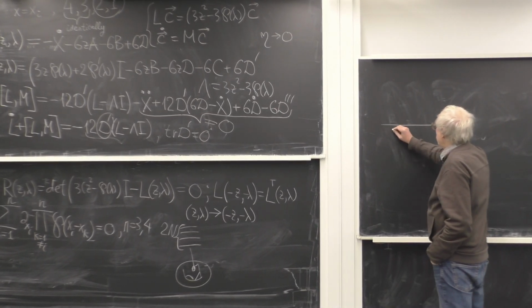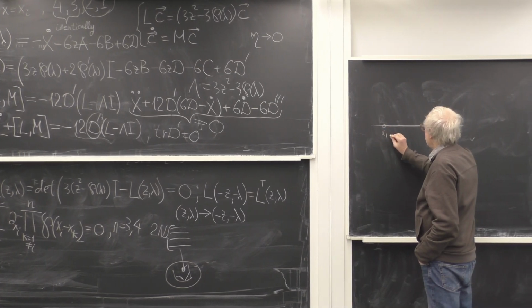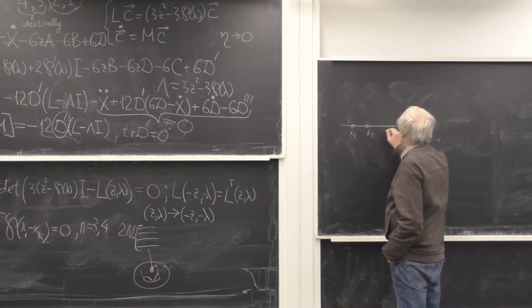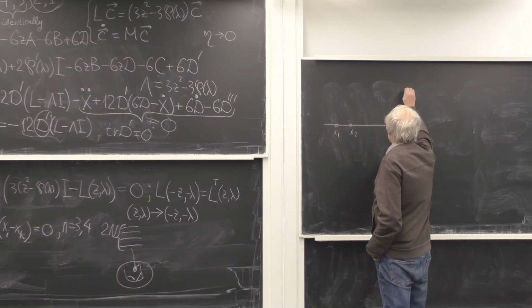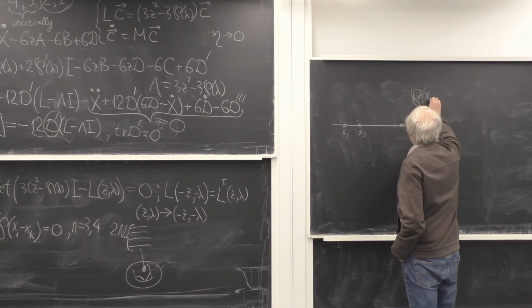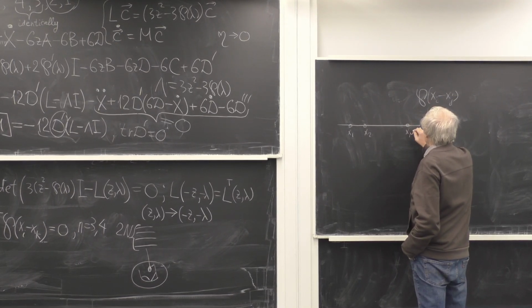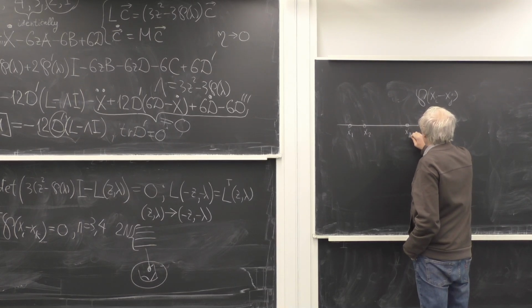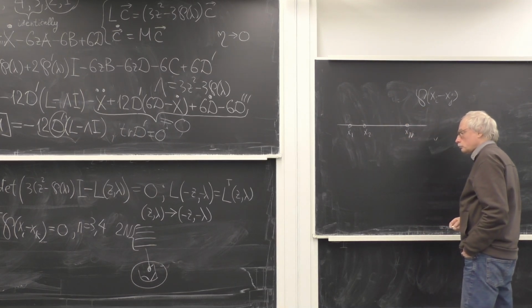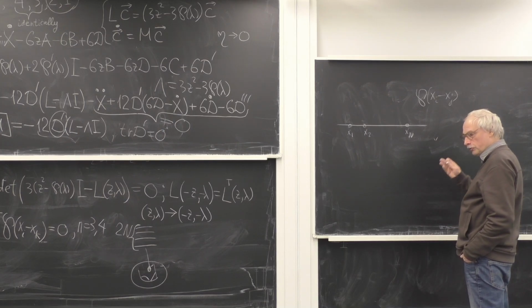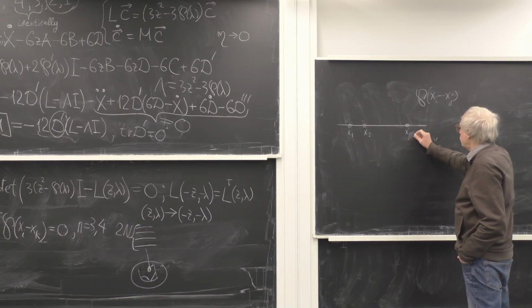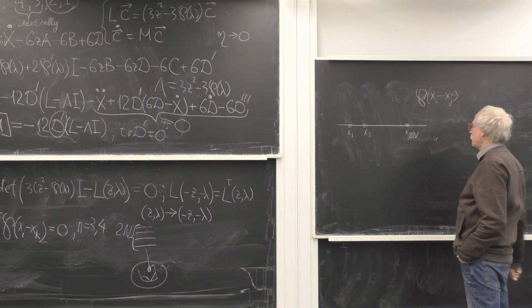Consider, so we have particles on the line with pairwise potential given by the psi function, and consider a system with an even number of particles. So there are 2n particles.